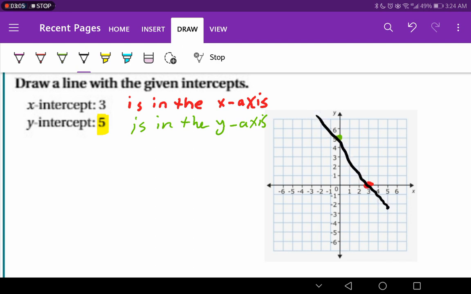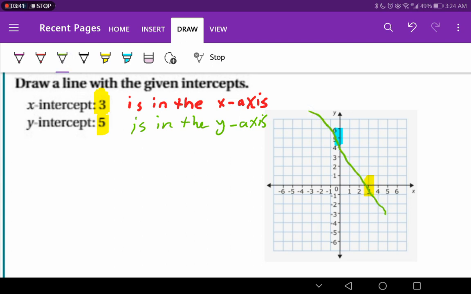So we are done? Yes. So my dear student, if he asks you to draw and the given is the x-intercept and y-intercept directly, if x-intercept equals 3, that means you have to move to the x-axis and plot the 3, as you see again. So the x-intercept is 3, it is here, and the y-intercept is 5, the point is here, and then you connect the line.